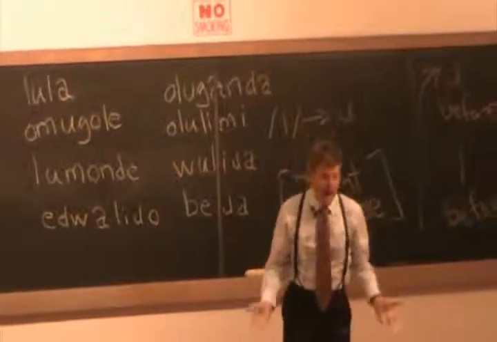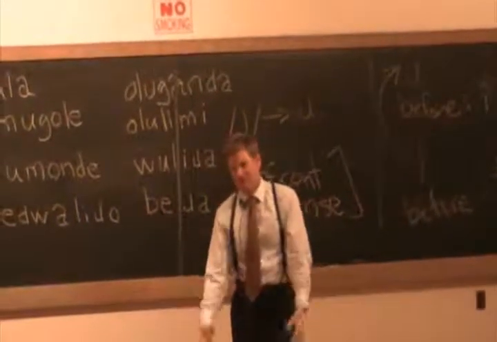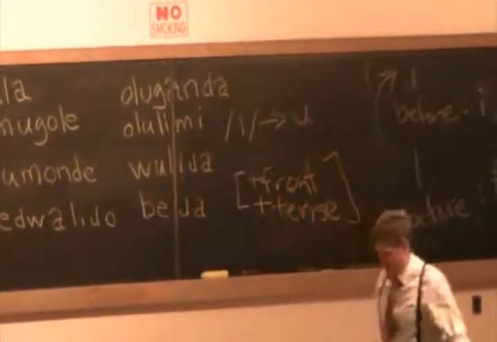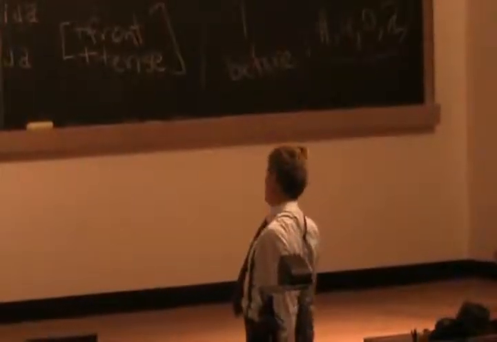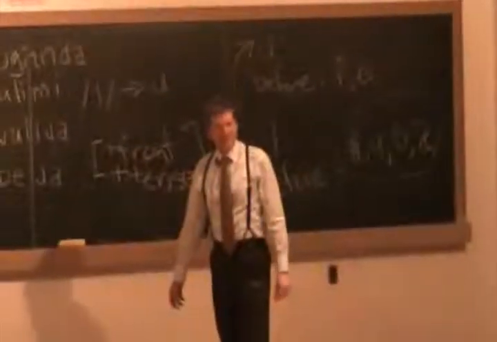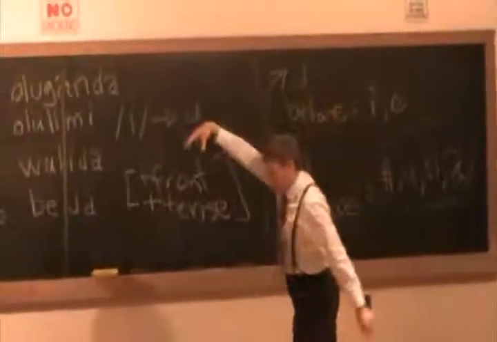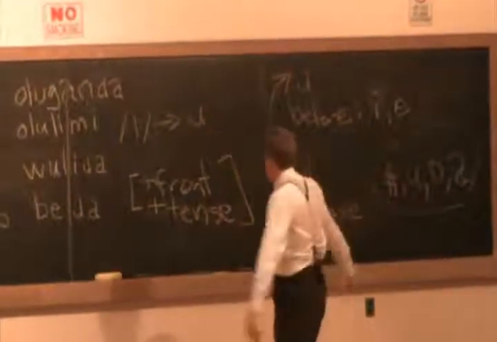Ganda may not have sounds that are on your feature chart. What we know Ganda has are just what we see in front of us, ladies and gentlemen. So what features does la have that no other sound in Ganda has? Lateral.